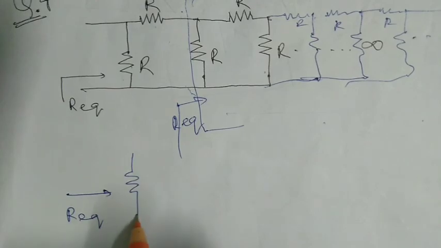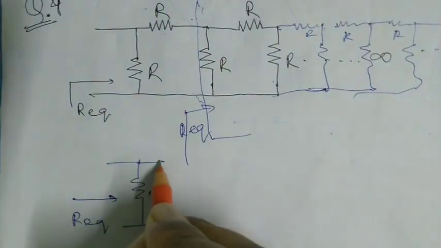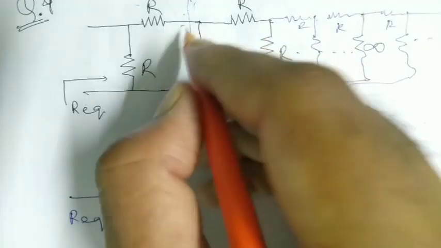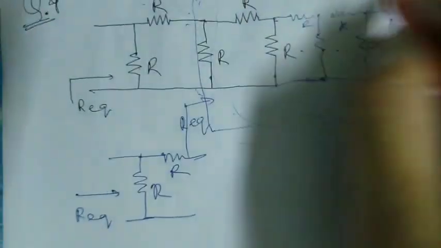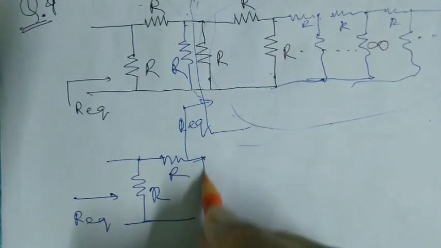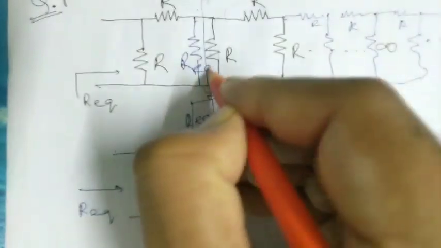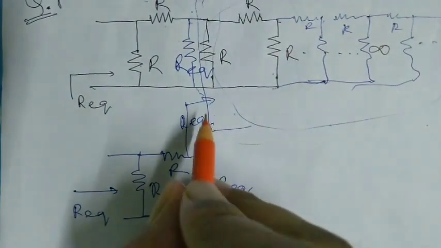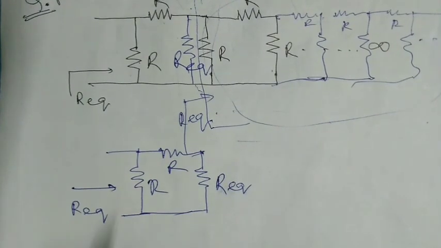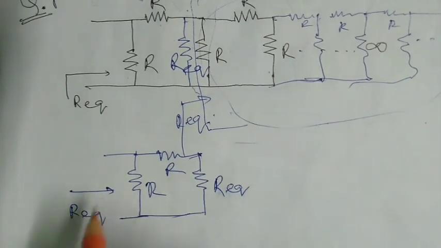This circuit, draw R, this is R. Now it is R equivalent, so we can replace all this circuitry by Req, because we have taken it as Req. So now the circuit has actually simplified. Now it's very easy to calculate the R equivalent. What will be the R equivalent?